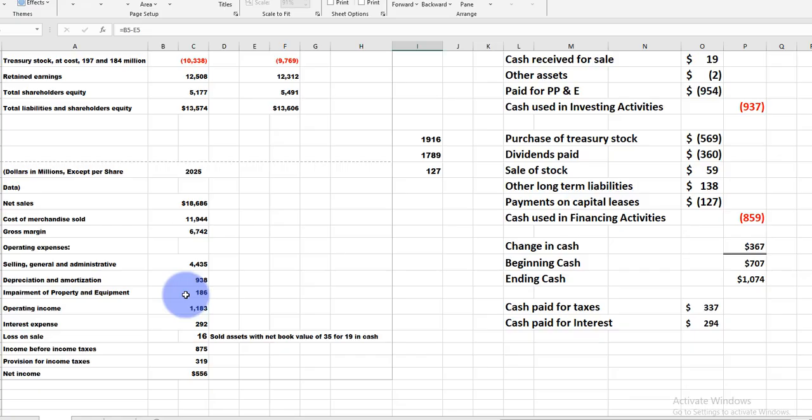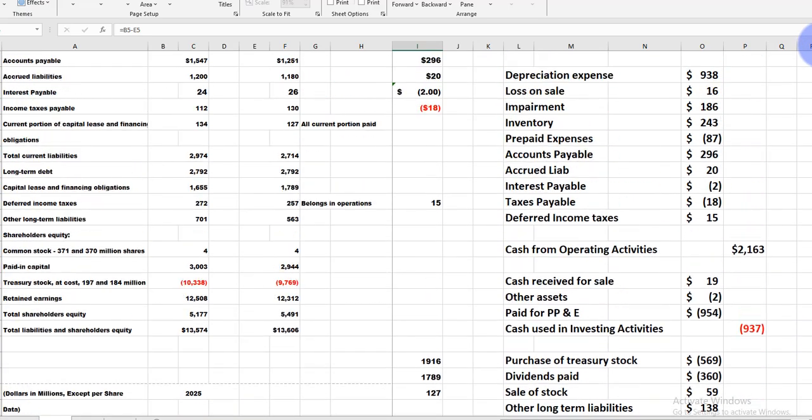The reality is it can be either one. It's going to be used in the same basic section, in the operating section, so no one's going to worry too much which one of those two it is. It happens the same way. We're going to add that back. If it's a non-cash expense, we're adding it back there. If it's a loss, we're adding it.